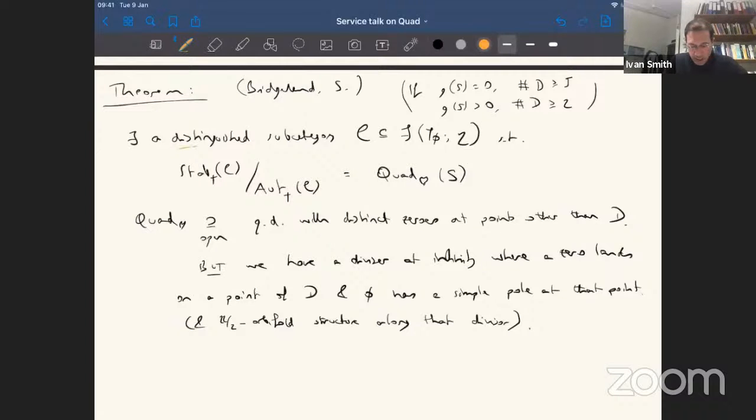So this distinguished subcategory, this is almost surely the subcategory generated by Lagrangian spheres, but for technical reasons, it's slightly difficult to prove that.